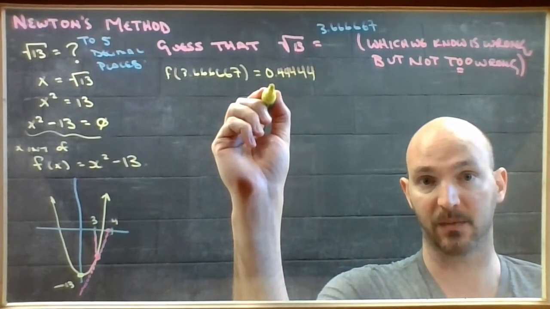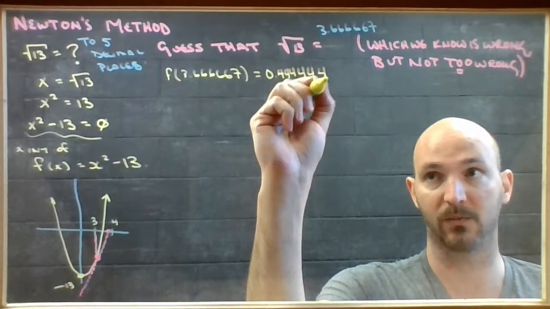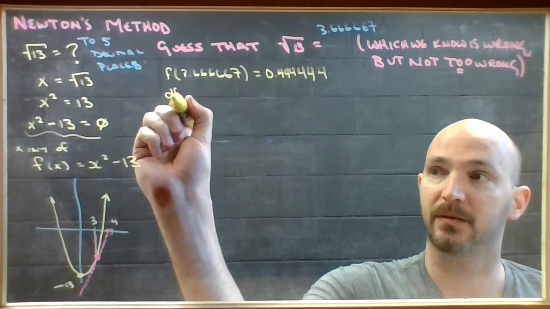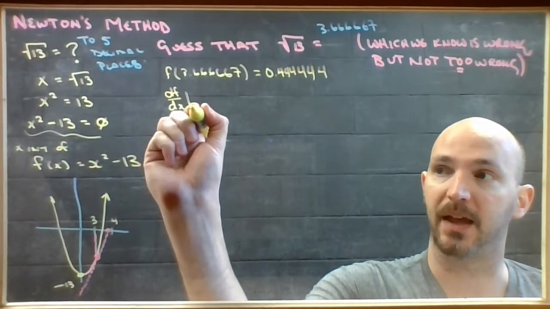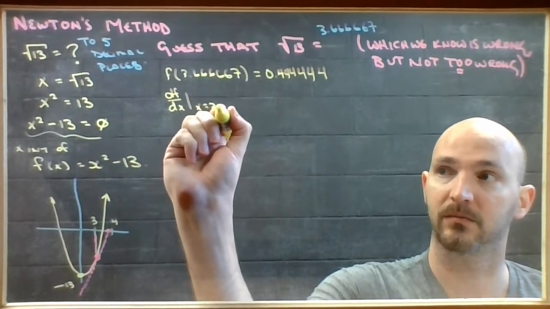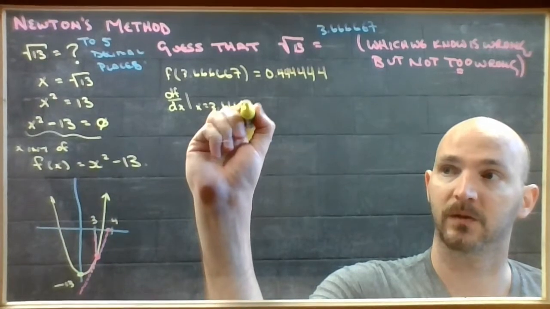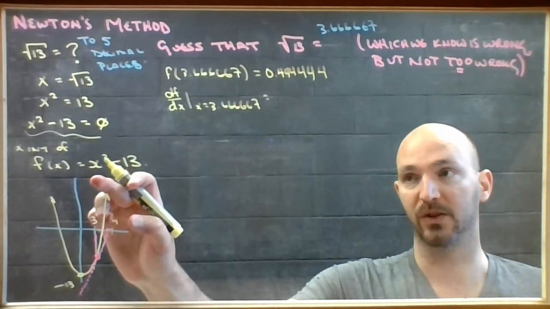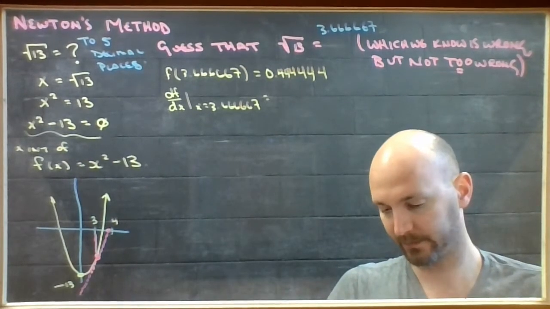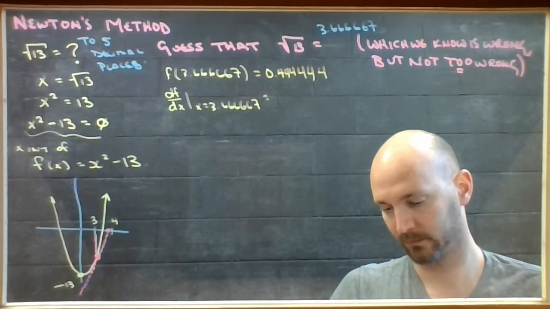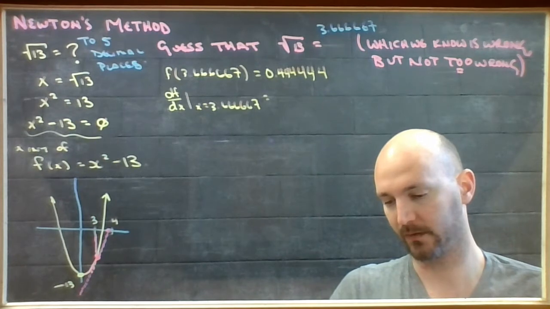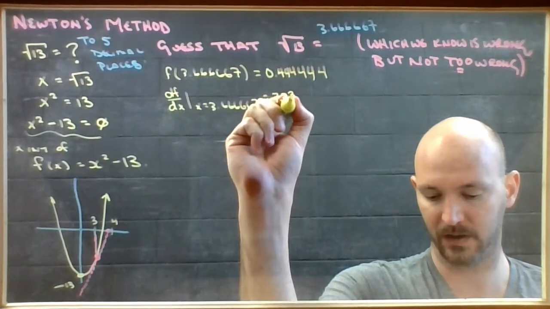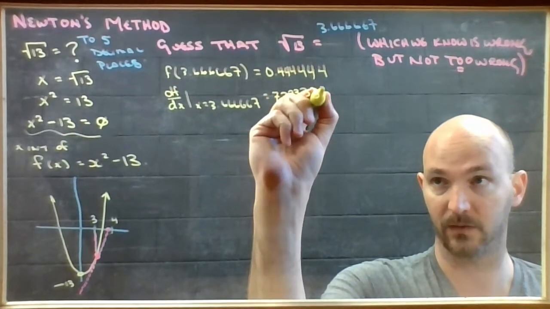Keep the 5 decimal places that I want and one more. All right, the derivative at that place would be 2 times that value: 7.333334.